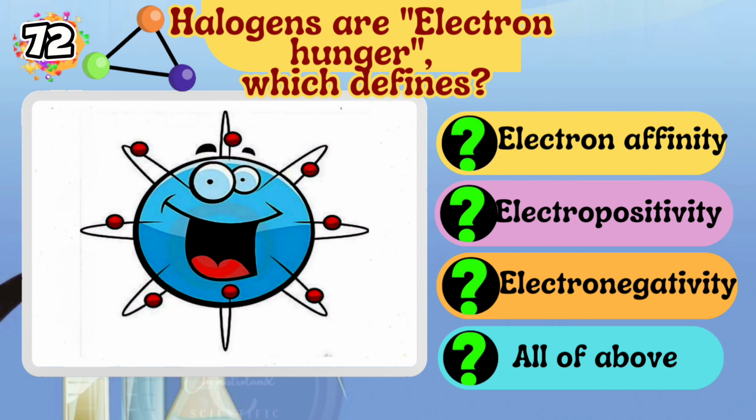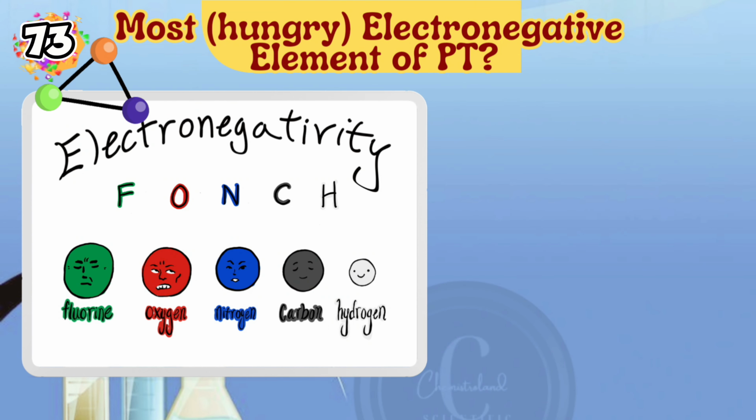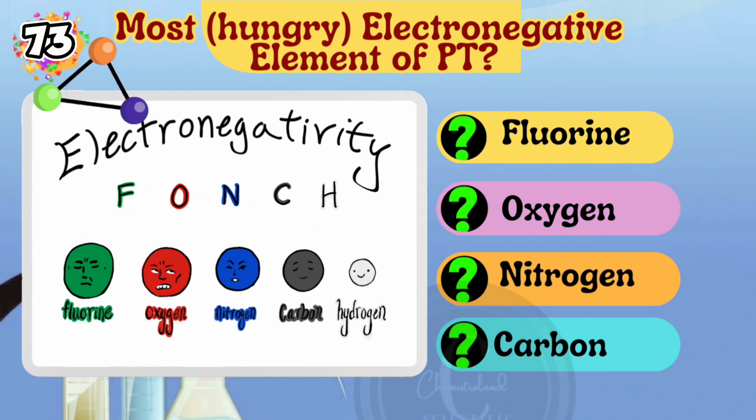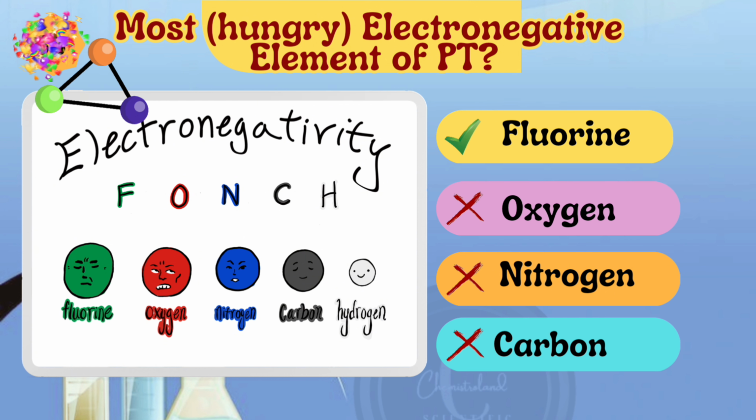Halogens are electron hungry, which defines... electronegativity is a chemical term used for electron hungry elements. And most hungry means the most electronegative element of periodic table is... fluorine is the most electronegative element.